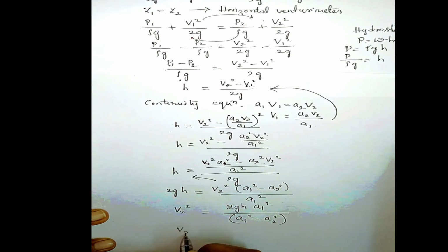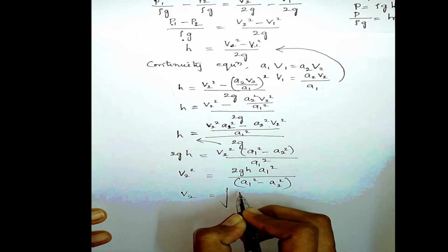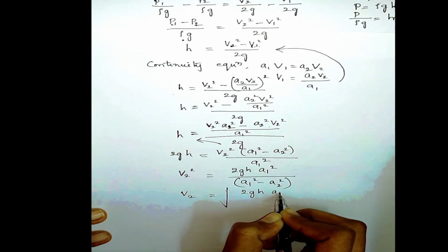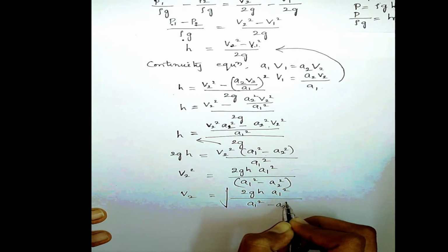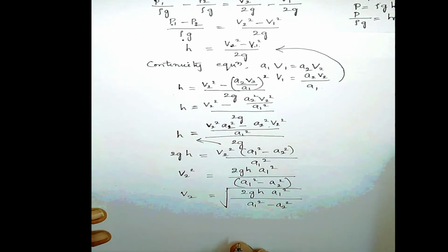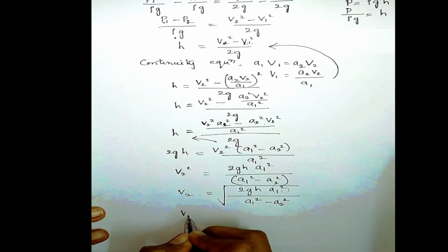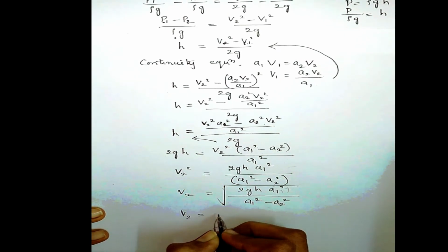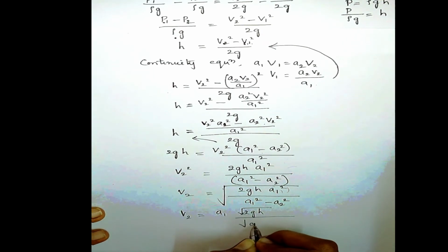V2 will be equal to the square root of 2gH A1 square divided by (A1 square minus A2 square). Taking A1 outside, V2 will be equal to A1 root 2gH divided by the square root of A1 square minus A2 square.